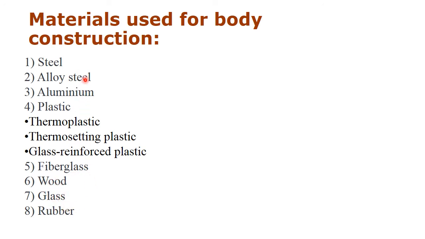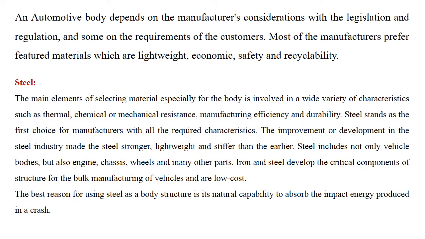So all these materials are nowadays used in all types of vehicle bodies as per the need of the customer. So automotive bodies depend on the manufacturer's considerations with the legalization and regulation, and some on the requirements of the customers.